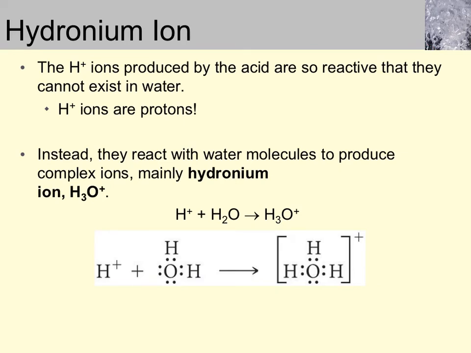All right, and again, this is just so you don't get tripped up later. You will often see the hydrogen ions produced by an acid just on their own like this. However, in reality, in aqueous solution, the hydrogen ion is very reactive and not very stable on its own like that.